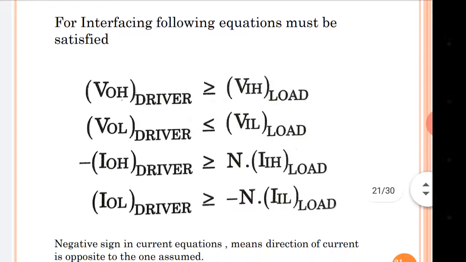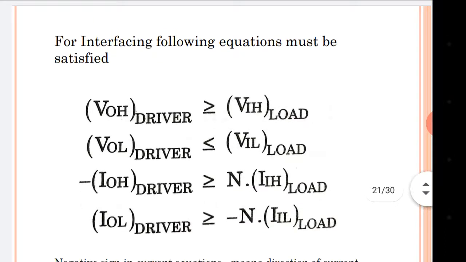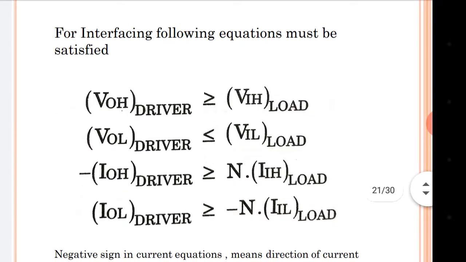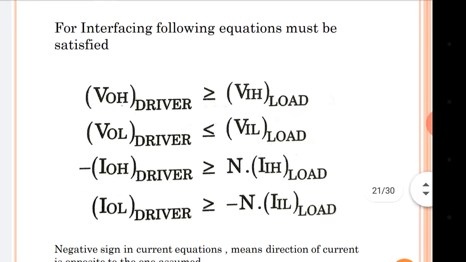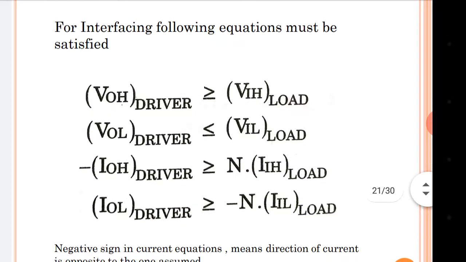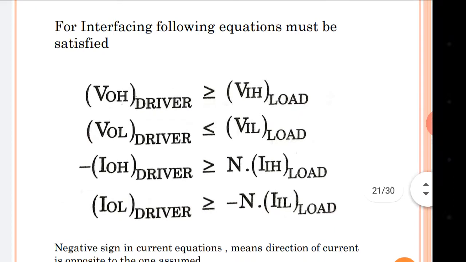In this lecture, we will be focusing on the interfacing between TTL and CMOS. So for interfacing, the following equations must be satisfied. Before that, let us quickly revise what VOH is. It is the high level output voltage. VIH is the high level input voltage. VOL is the low level output voltage.